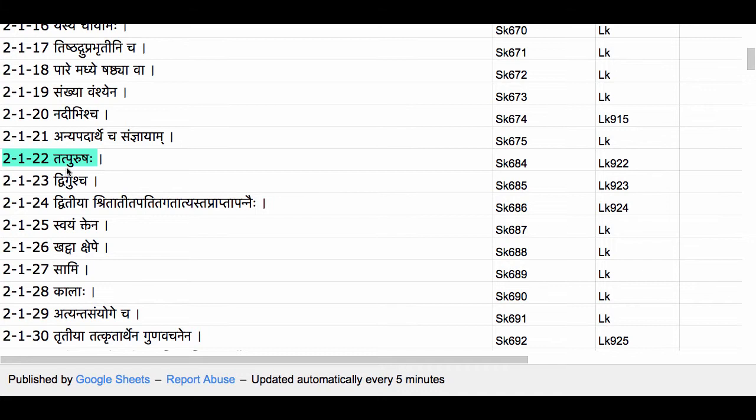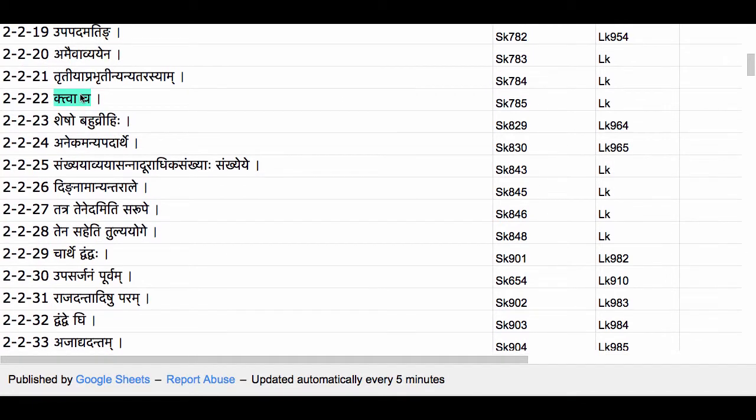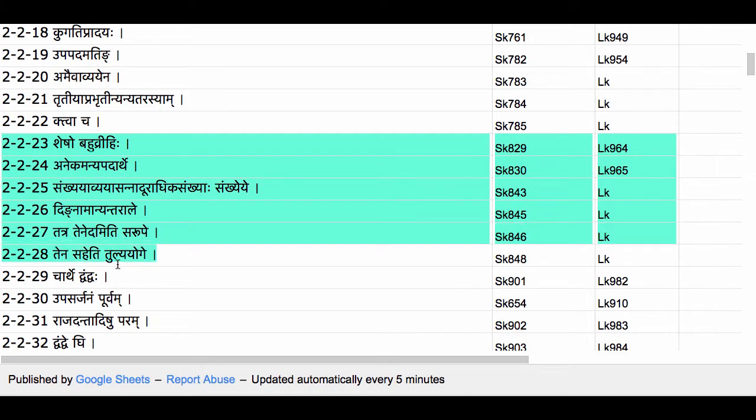Within that, we also know that from 2.1.2.2 down to 2.2.2.2 is a section where tatpurusha compounds are prescribed. Immediately following that section is where bahuvrihi compounds are prescribed. The section for bahuvrihi compounds runs down from 2.2.23 to 2.2.28. It's a very small section of 6 rules only.